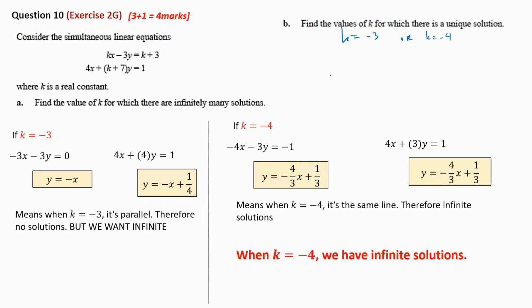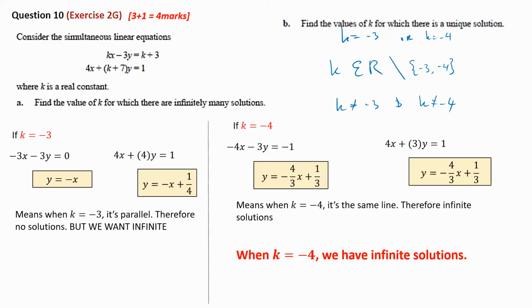So as long as k is anything except -3 and -4, you're good. If you wrote k can't equal -3 and k can't equal -4, that's not good enough, because you just told me what it can't be. You didn't tell me what it is. The question says, find the values of k for which there is a unique solution. So what can it be? You haven't answered my question.